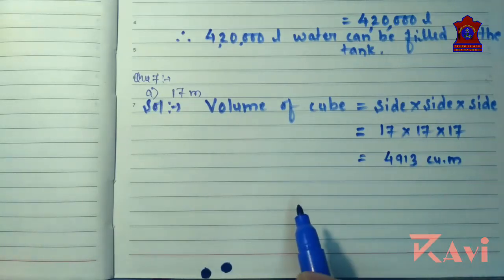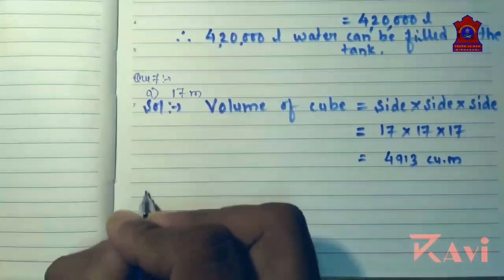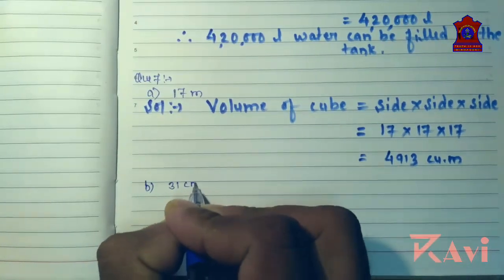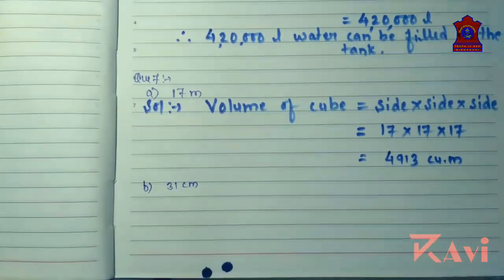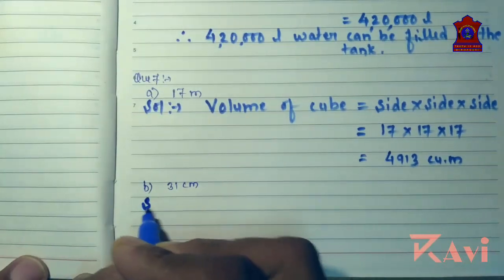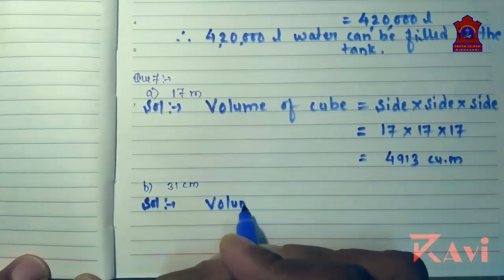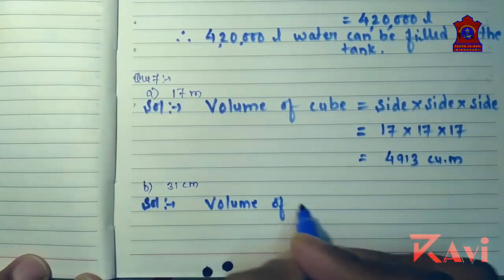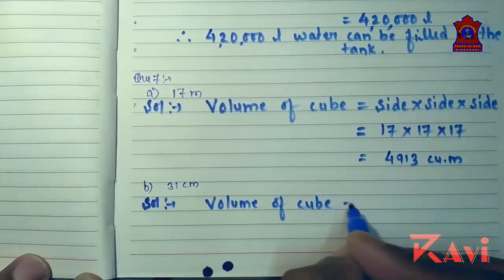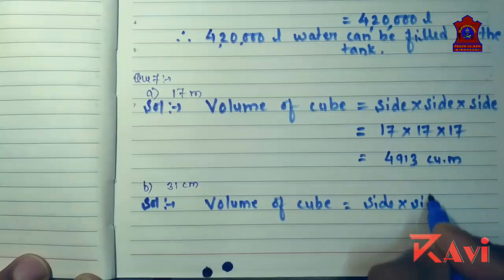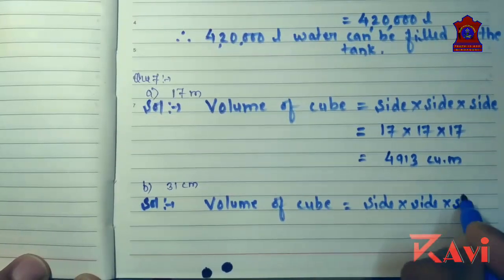Now next question is question number B. In this question also you have to use the same formula. 31 centimeter is given. Same formula will be used here. Volume of cube equals to side into side into side.